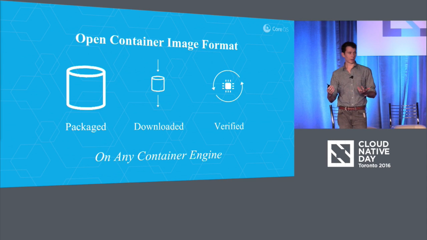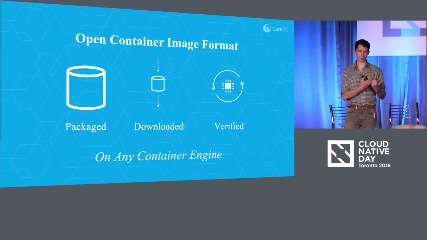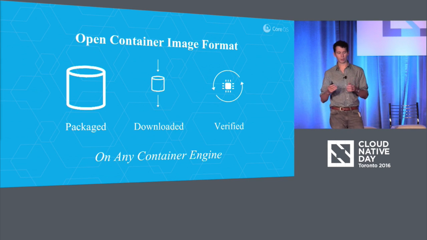And so the first plug-in interface that can be achieved here in this whole cloud native space is through a shared image format. So we have this idea of a container that you can consistently pull down between any host and run.